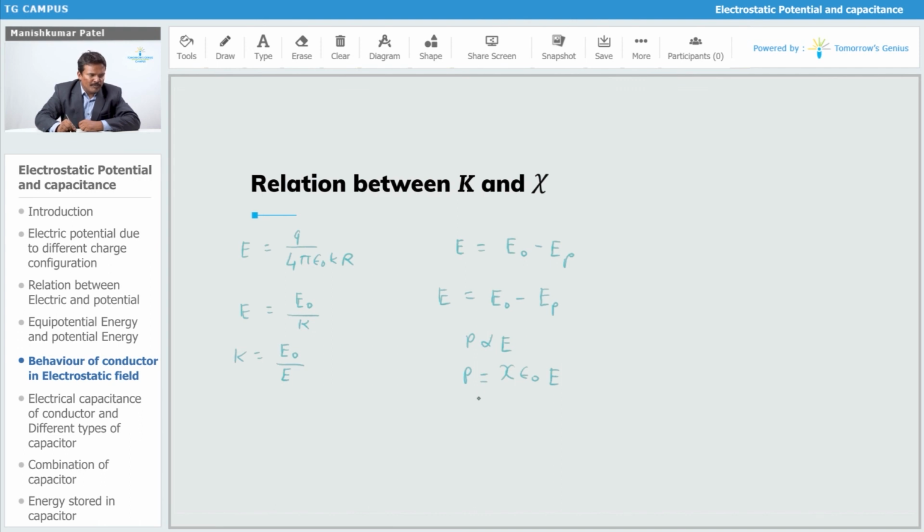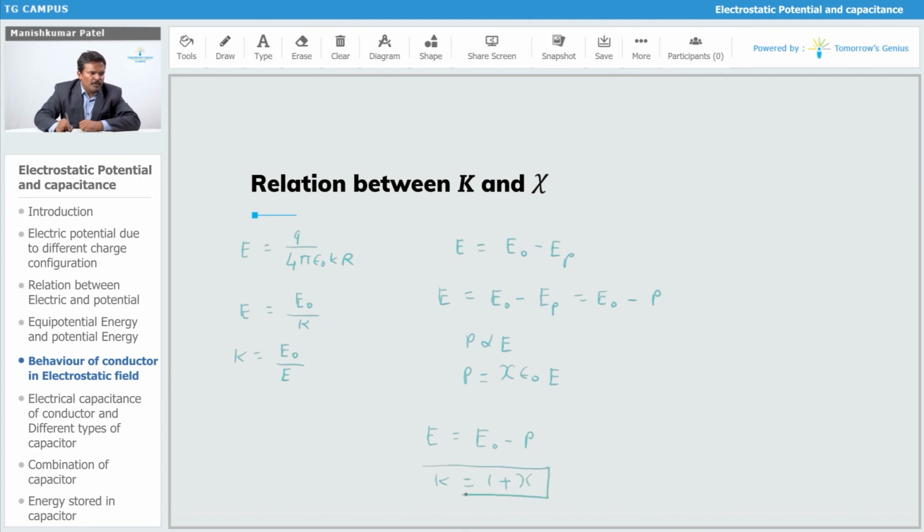So just put this value: this Ep is nothing but E naught minus P. Then you can write E naught in terms of the surface charge density, and after simplifying you will get K equals 1 plus susceptibility.